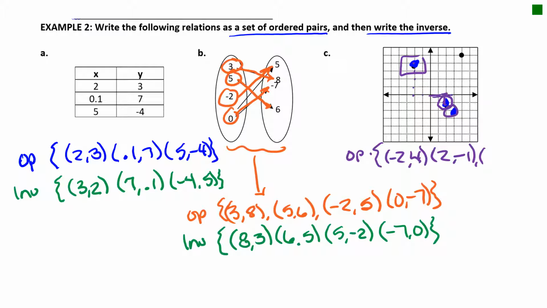It's right 3, so that's a positive 3, down 2, so that's a negative 2. Oh, this is going to get a little squishy. This one I go right 1, 2, 3, 4, so that's a positive 4. And then I go up 1, 2, 3, 4, 5, so that's a positive 5. Positive is right or up, negative is left or down.